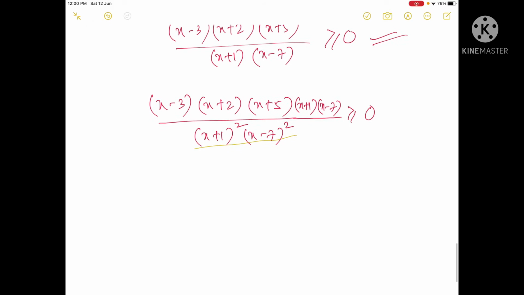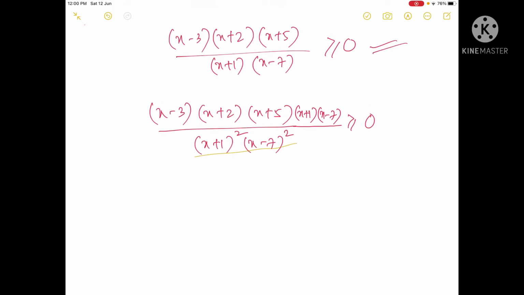Now what happens? Our denominator becomes positive, since we have the square, an even power, of a factor. Whatever values of x you put here, you will get a positive number. That means this rational function is greater than or equal to 0 if (x minus 3)(x plus 2)(x plus 5)(x plus 1)(x minus 7) is greater than or equal to 0.